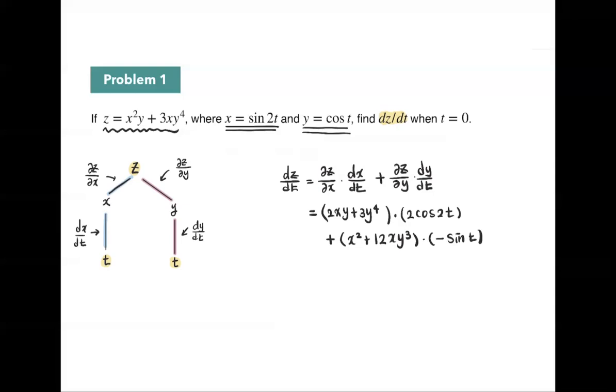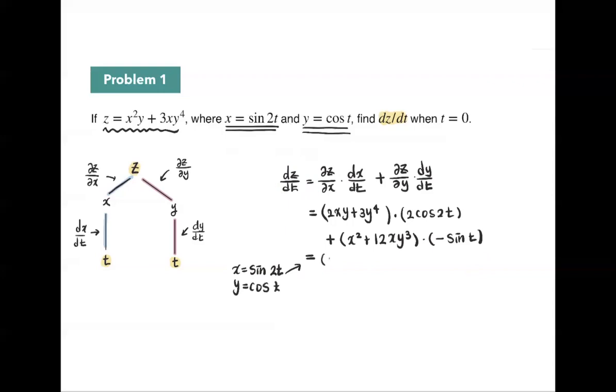If we want to write down dz/dt as a function of t, then you need to put in x and y as given by the equations. X is sine 2t and y is cosine t.